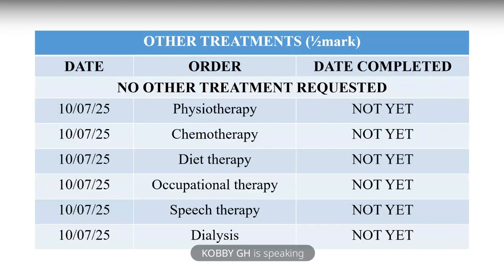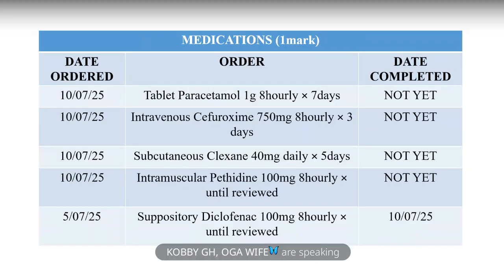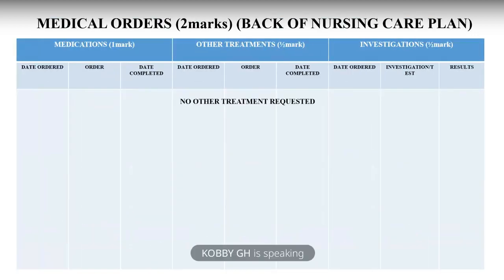You get it? And I'm telling you that yes, if the patient is on no other treatment, you can't be writing physiotherapy, chemotherapy, diet therapy. No. If you write no other treatment, that is it. It will be like this. If you write no other treatment, this is the only thing we will have there. You can't write anything under it again.